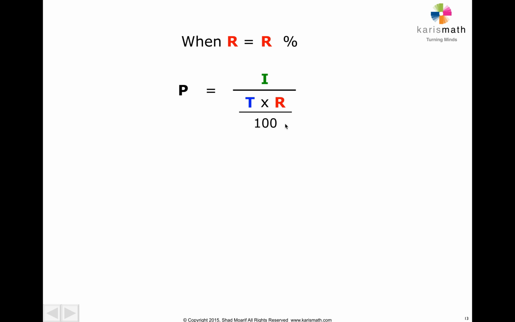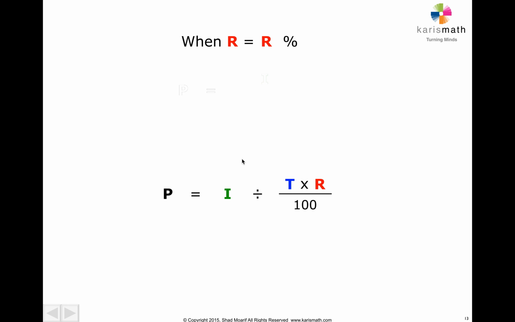T times R over 100 can be written this way, which actually is this I, or interest. This interest here is being divided by this whole chunky, clunky operation. So if you divide I by this, you flip it over.